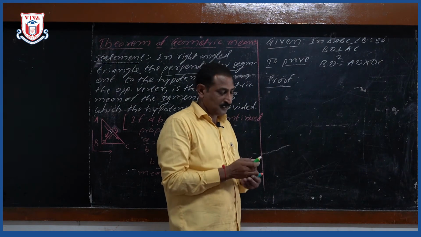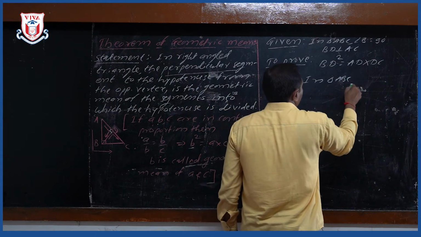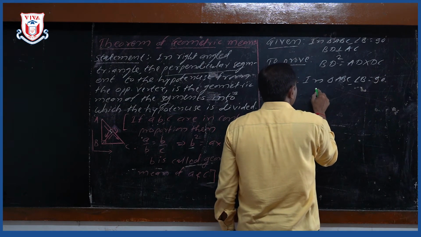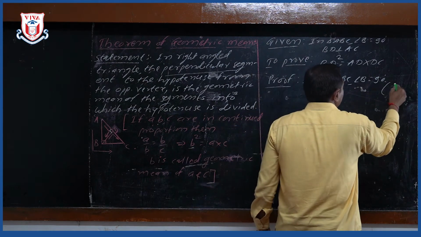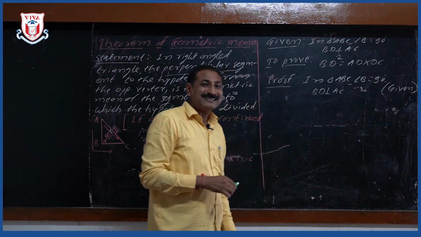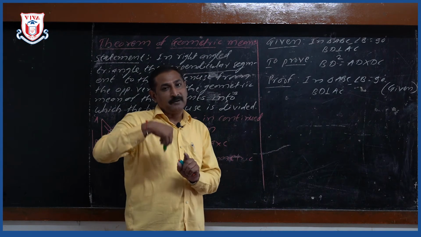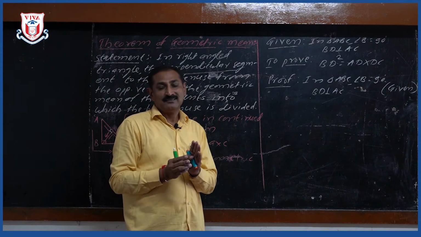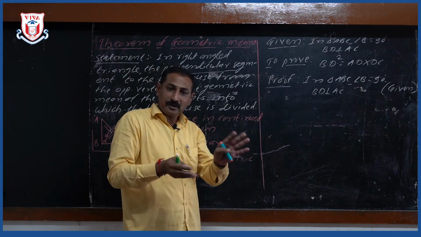Now prove. In triangle ABC, angle B is 90 degrees, and BD is perpendicular to AC, this is given. You studied similarity and right angle triangles: when a perpendicular is drawn to the hypotenuse of a right angle triangle, two triangles are formed, and these two triangles are similar to each other and to the original triangle.